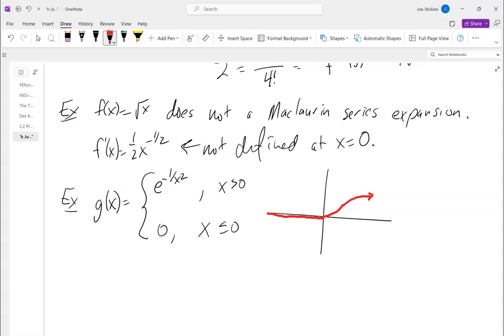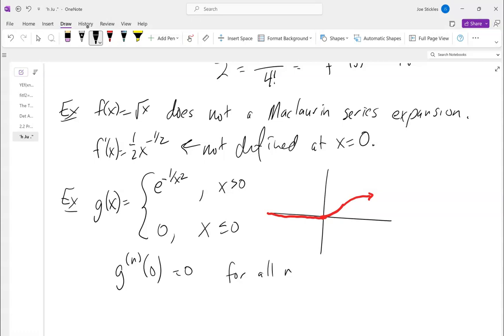What's interesting here is that this flattens out so much that the nth derivative at 0 is 0 for all n. I'm not going to show that, but that 1 over x squared in the exponent and then doing the negative of it makes all derivatives of all orders at 0 for this function to be 0.